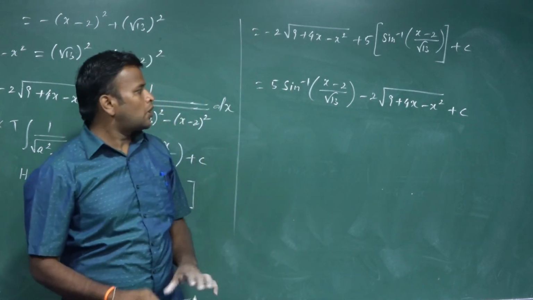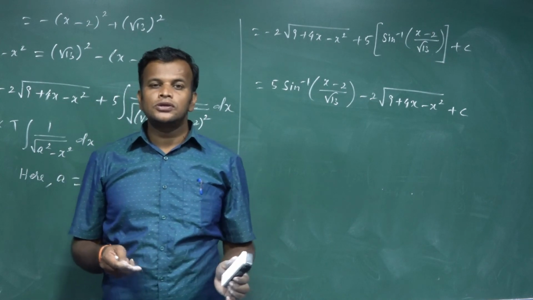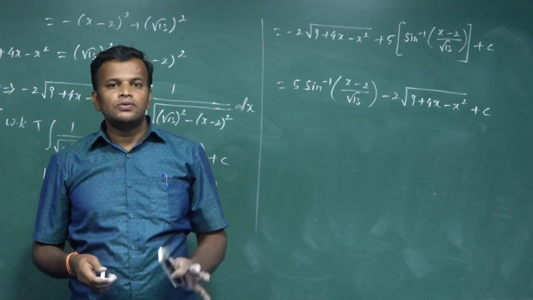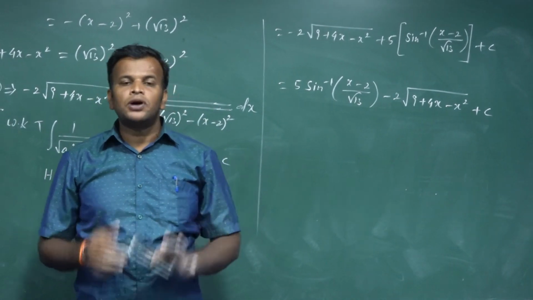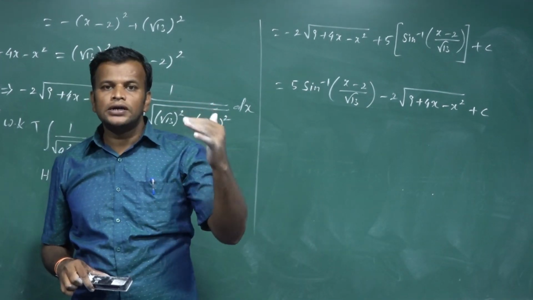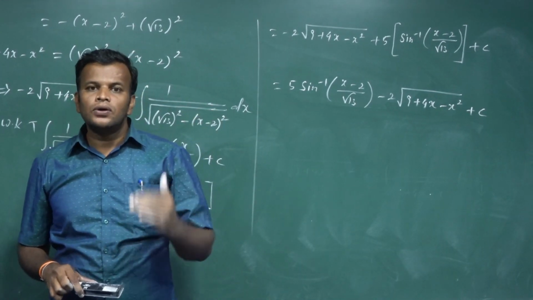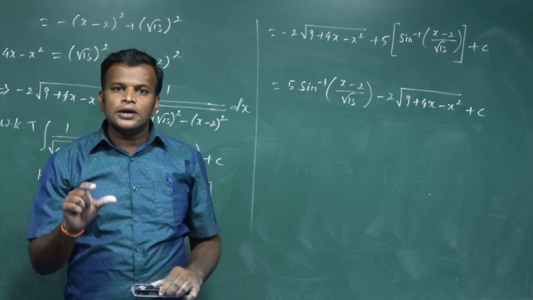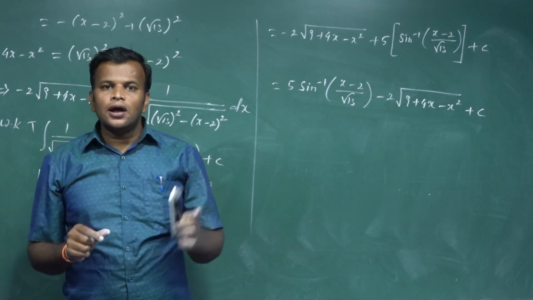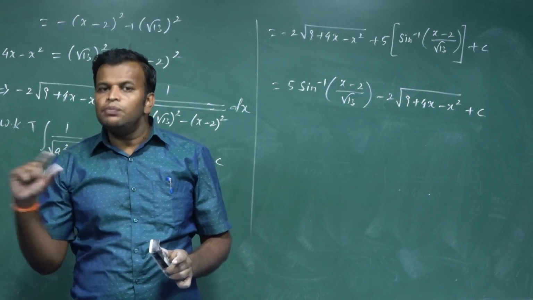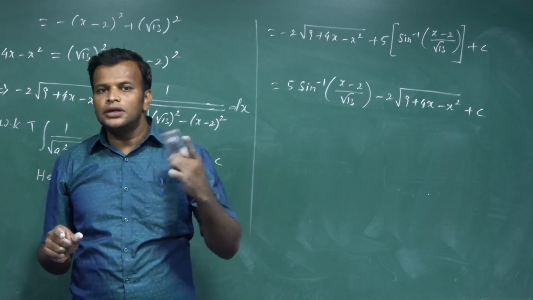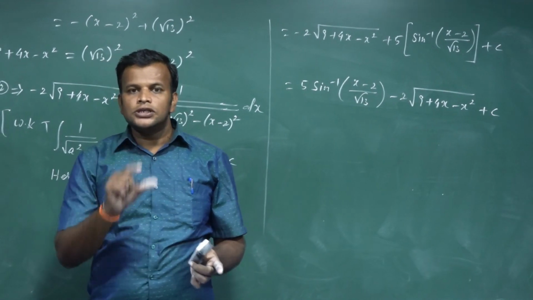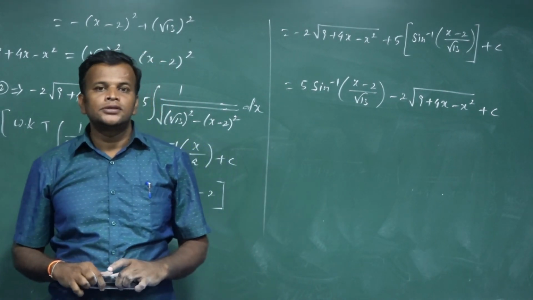This kind of problem, all the remaining sums also, follow the same model. First we understand when we use this model. Suppose a linear factor is in the numerator and the denominator is a quadratic polynomial. What is the first step? Numerator term is equal to a times d by dx of the denominator plus b. The denominator may be under a square root or without a square root, just a quadratic polynomial.